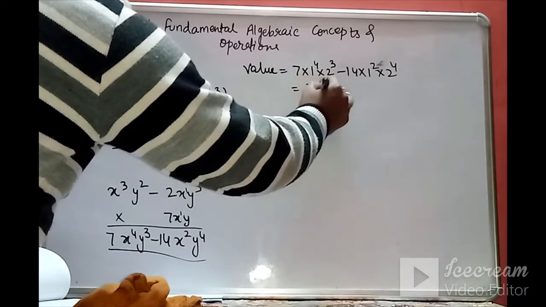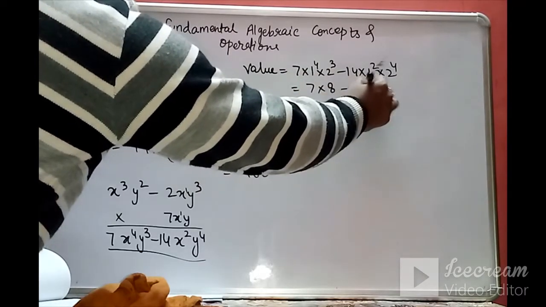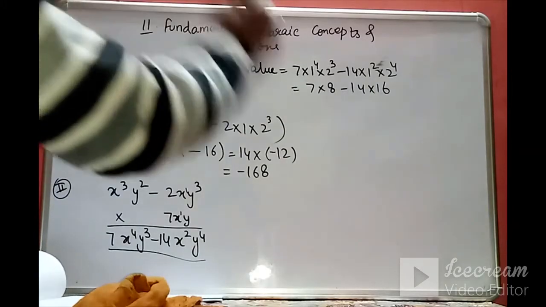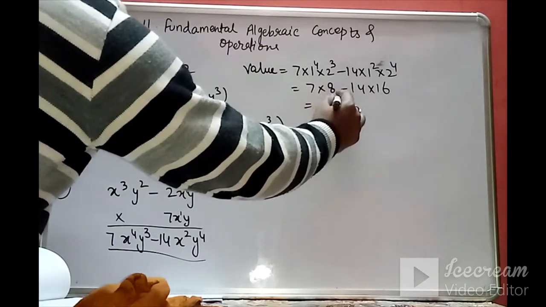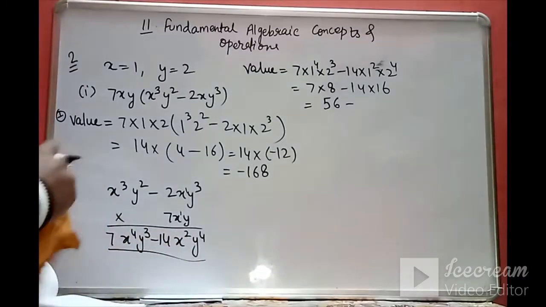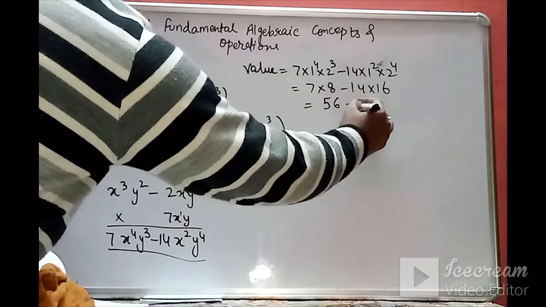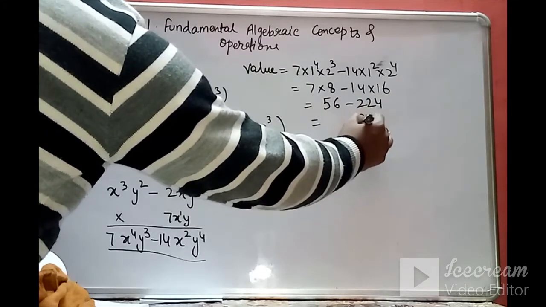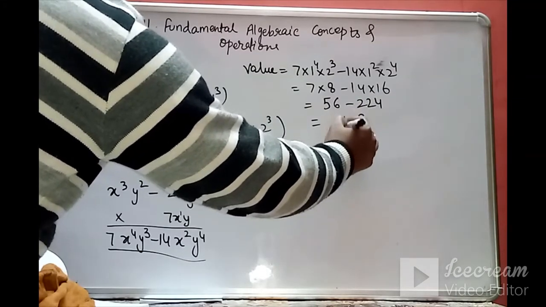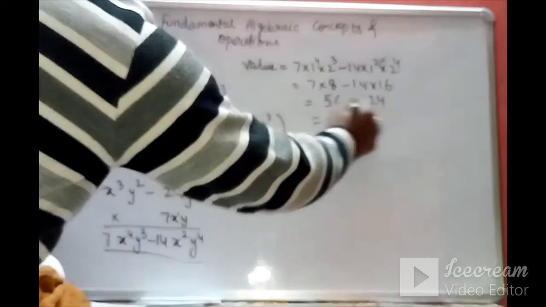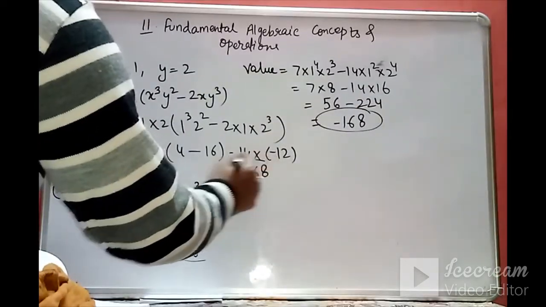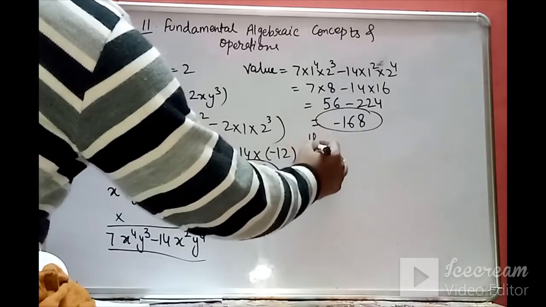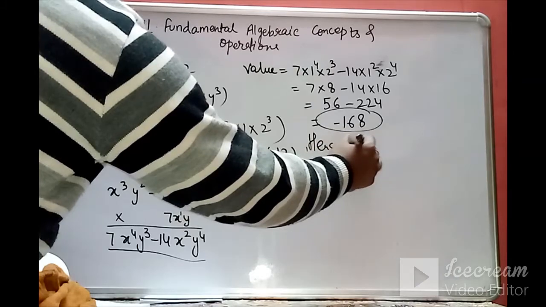So it will be 7 into 8 minus 14 into 16. So it is how much? 56 minus 224. When we solve it, this is minus 168. Here also I got minus 168. So hence verified.